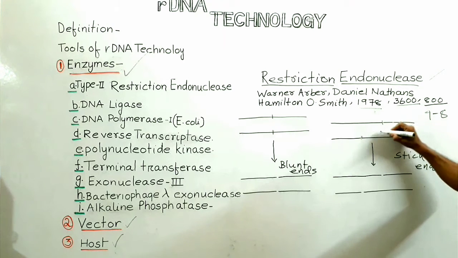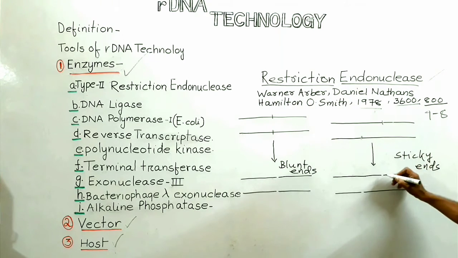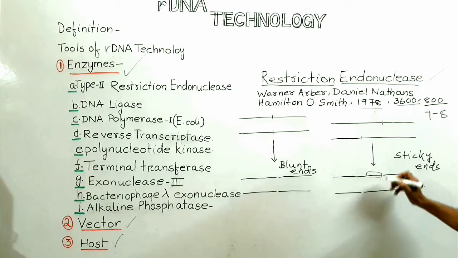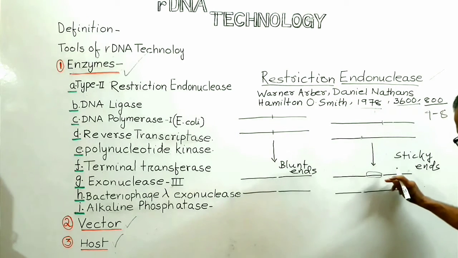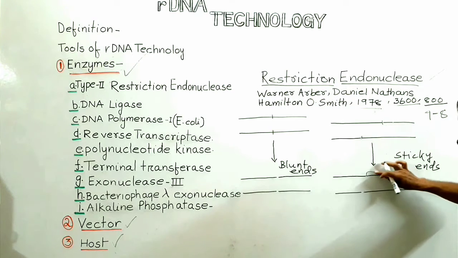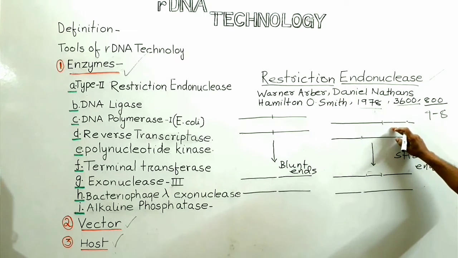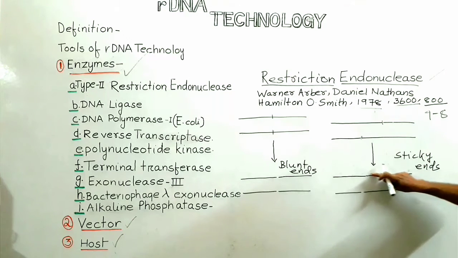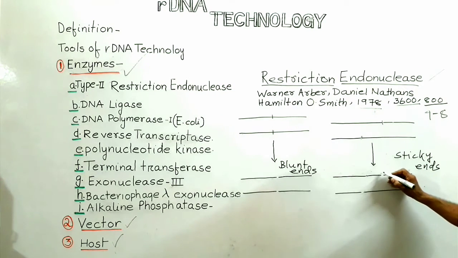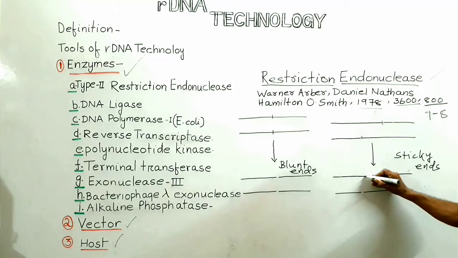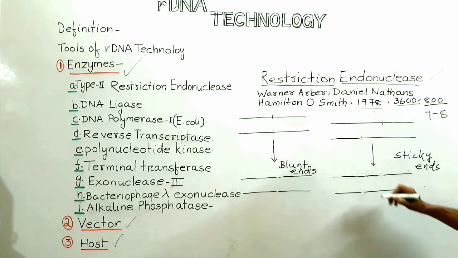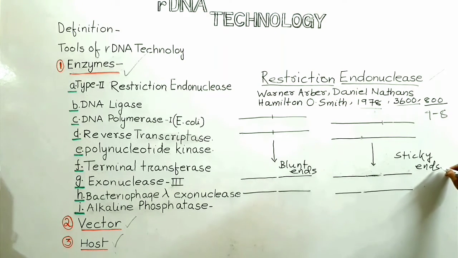Due to such staggered cuts, the ends produced are called sticky ends, because there is a single stranded protruding end. This end is called sticky end or cohesive end.